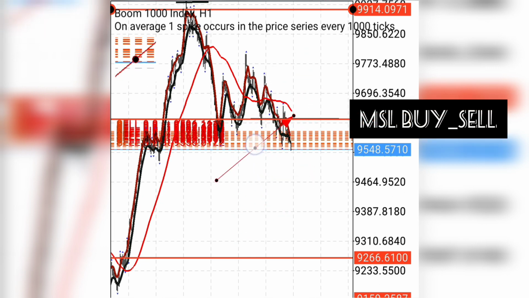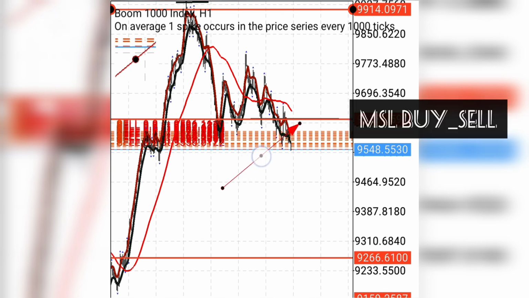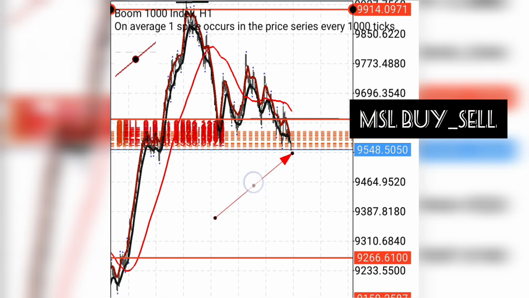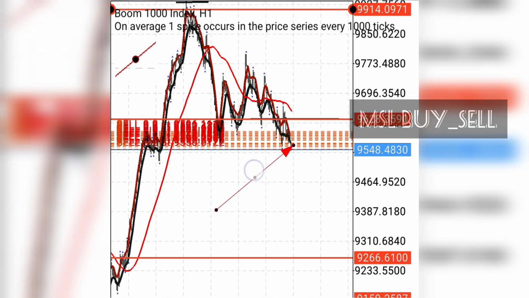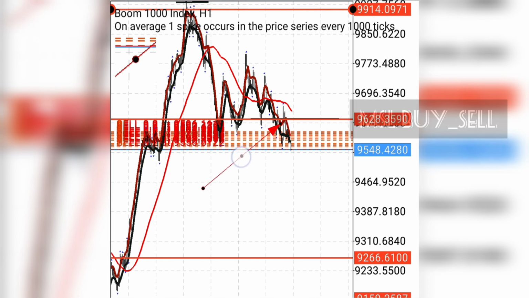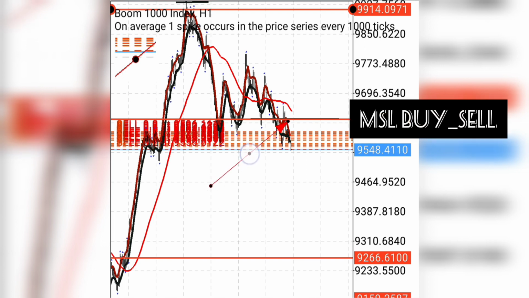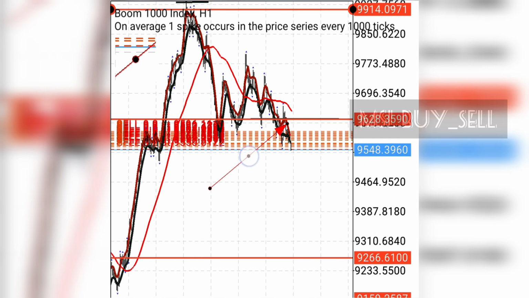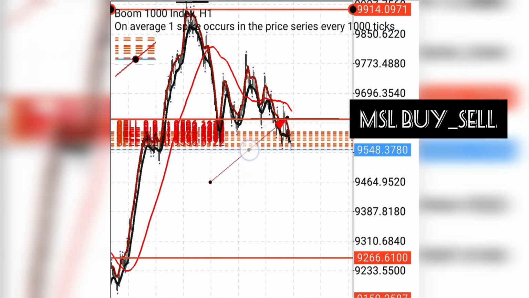When I entered here, it hit and came down and started selling. I saw it. It hit this line and came down and started selling, because I started it from this point.